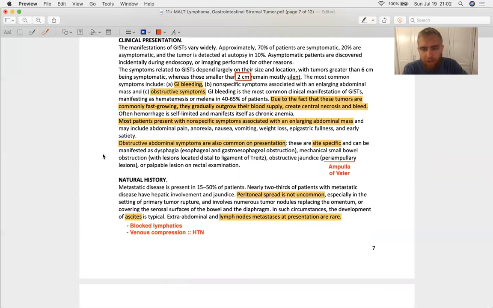That's kind of like a size threshold at which you'll really start seeing some different symptoms, and especially an increased metastatic risk. Symptoms of stromal tumors include GI bleeds and obstructive symptoms, and these tumors are commonly fast growing, so bleeding is very common as a symptom. And obstructive symptoms are usually site specific.